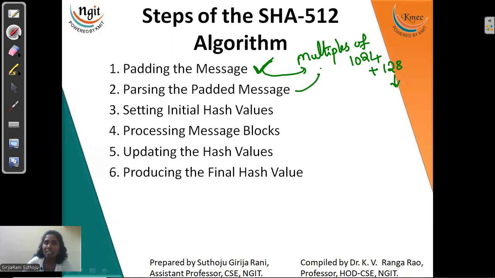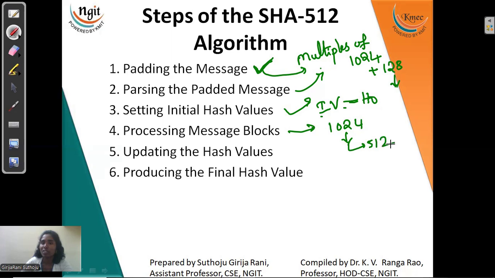Okay. So after this, you pad the message, then set the initial values, that is the IV values, initial vector or initial values as H0, and then you process each and every message block of 1024 bits, provide it to the compression function, and the compression function will be giving us 512 bits. Now, update the hash values. When I am in message block 1, I should utilize H0.